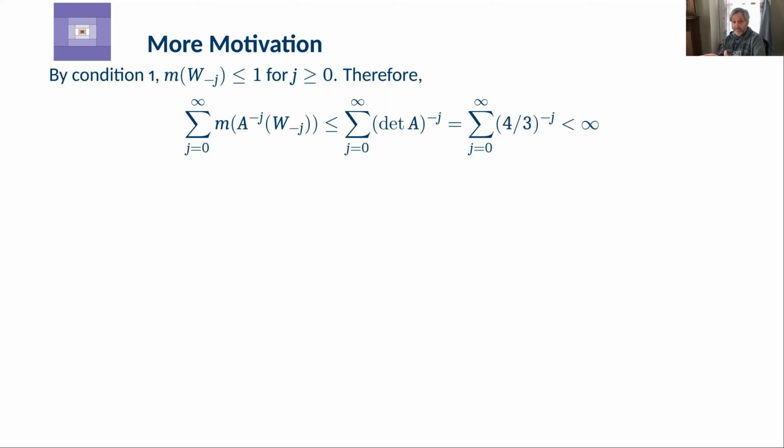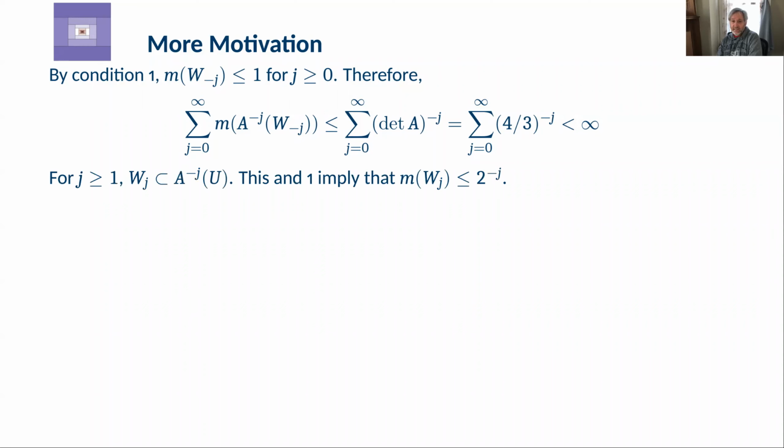So the measures of these have to be less than or equal to 1. So I compute the sum. The only thing you need to know is that the measure of a matrix applied to a set is just the determinant of that matrix times the measure of the set. That's what we're using for the first inequality. And then we just write down that this is finite. So that's for j bigger than 0.